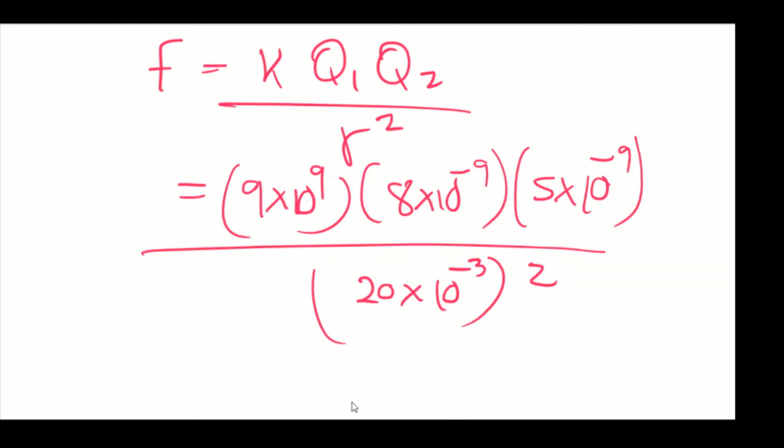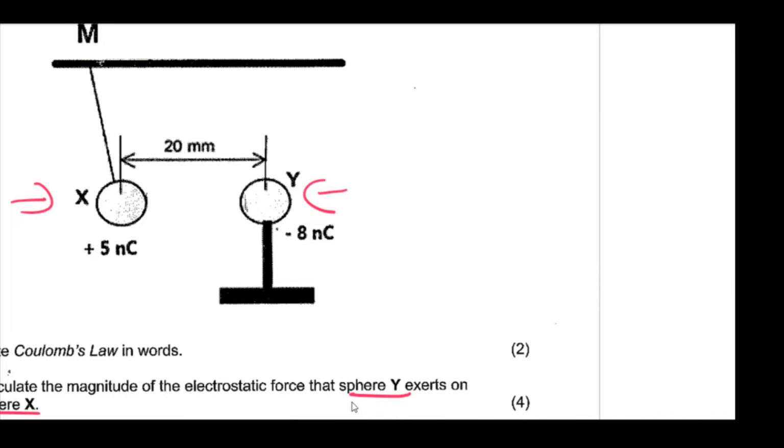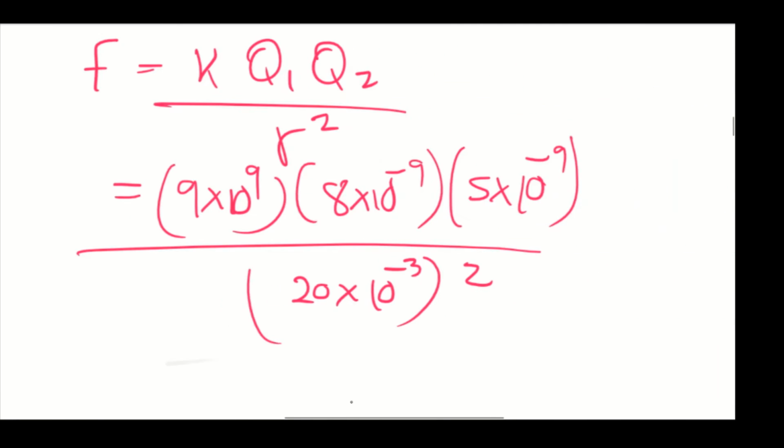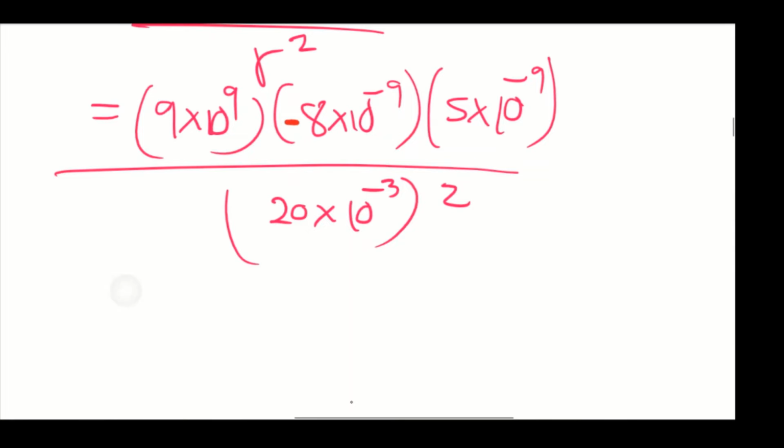So if you notice, I didn't include the sign of the other charge. As you can see here, the charge of Y is -8 nanocoulombs, but you can include it because force has direction, right? You can just include it if you want, and you punch the calculator, you should get 9 times 10 to the power of -9 newtons.